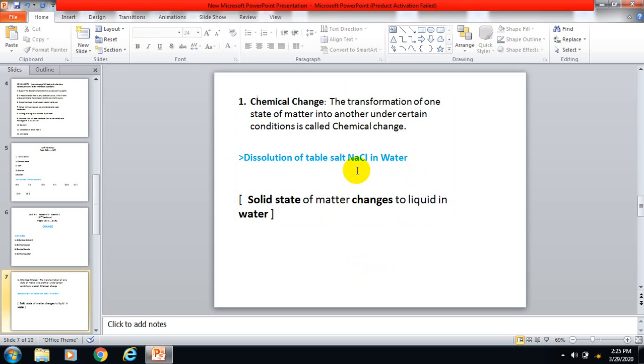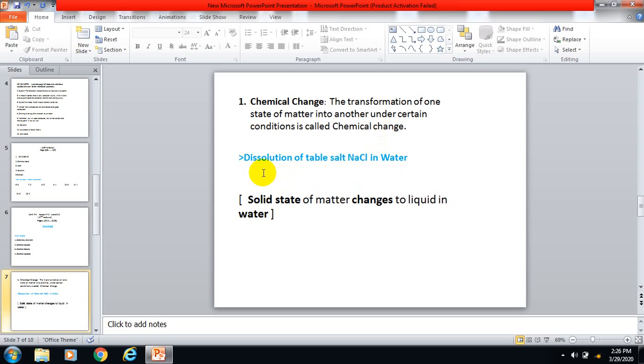Dissolution of table salt in water. Look at NaCl, table salt, which we also call malh in the Arabic language. First, NaCl is in the solid form. Whenever you put it into the water and stir it, you will see a change.